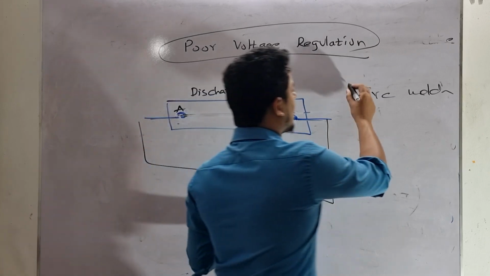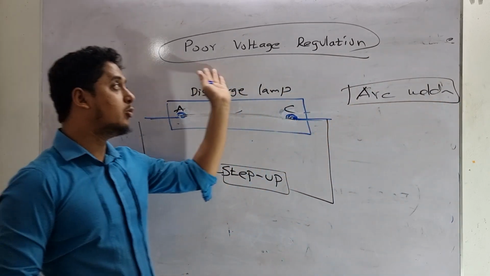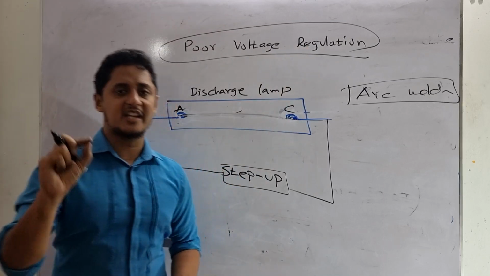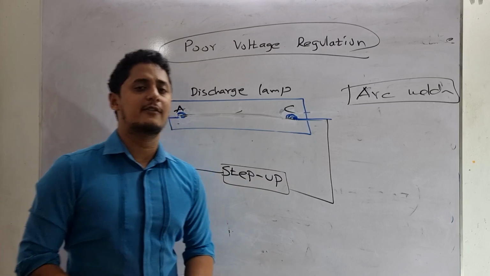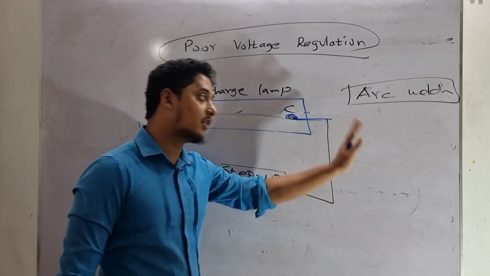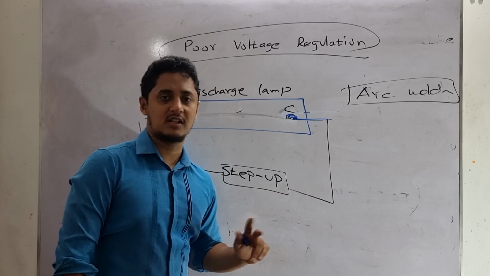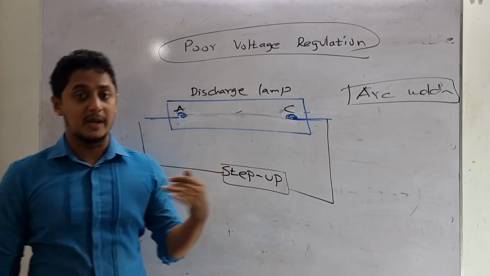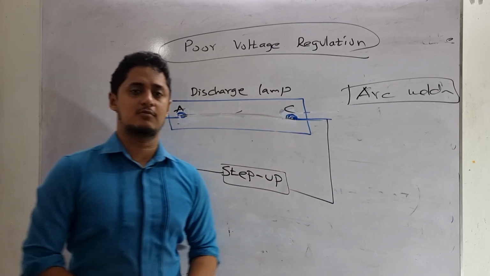In arc welding also we need a poor voltage regulation transformer, because to initiate the current we need a high voltage, and after that we do not need any high voltage. Therefore the arc welding machine also uses a poor voltage regulation transformer. So these are the cases where we use poor voltage regulation. This is the advantage of a poor voltage regulation transformer.